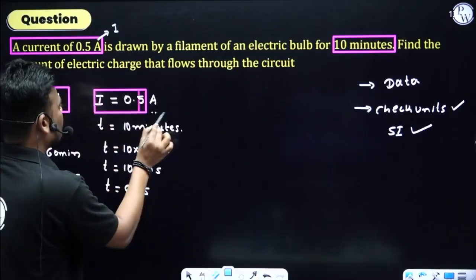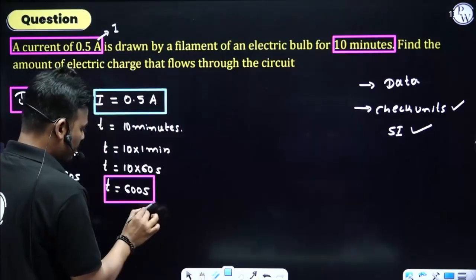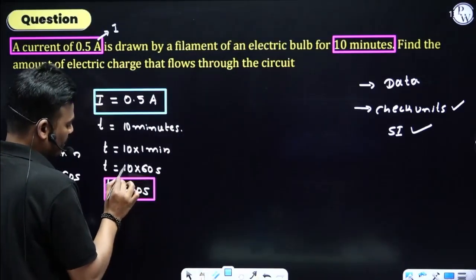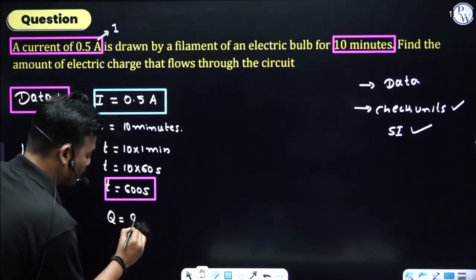Now we have the current as well as the time. What they have asked is the charge, question mark.